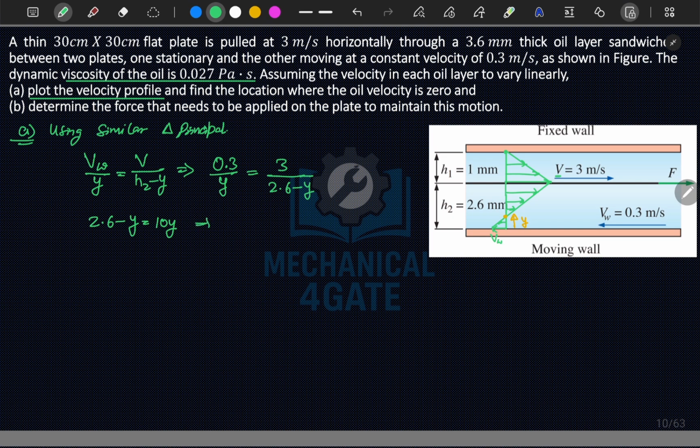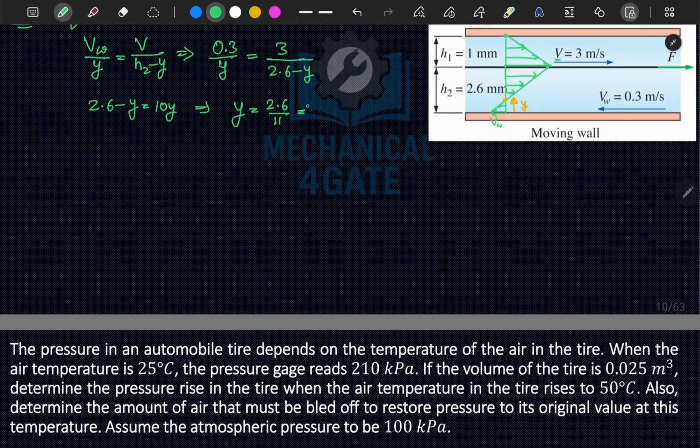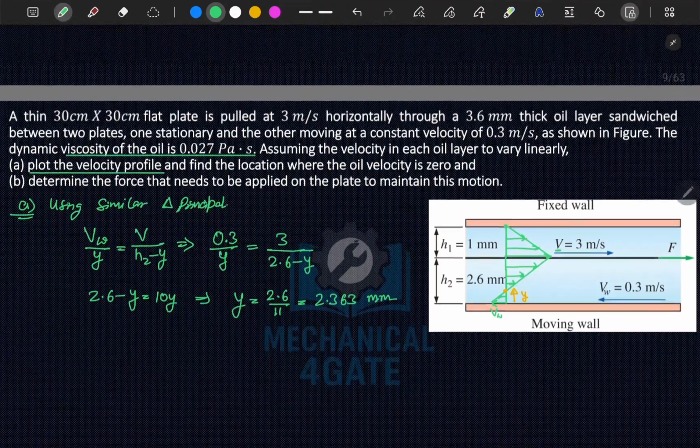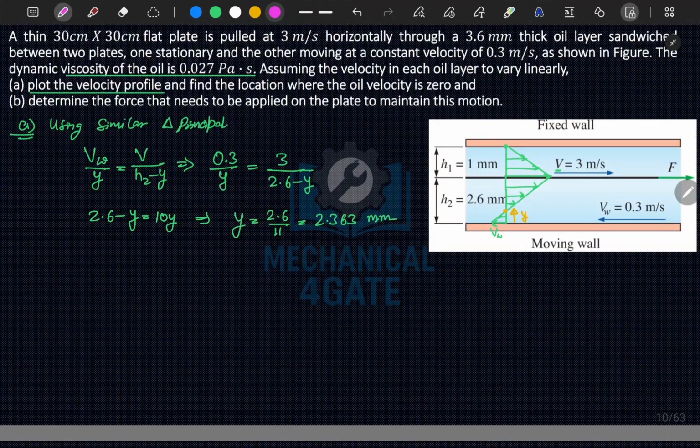From here we obtain y as 2.6 divided by 11, which comes out to y equal to 2.363 mm. This is your answer, and this distance is from the moving wall.